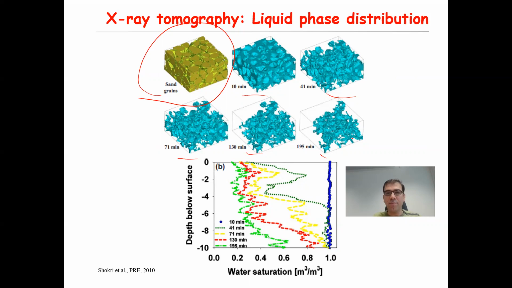If we are interested in calculating the water content, we can use image analysis tools and techniques to calculate the volume of this liquid. So X-ray tomography is, in my opinion, another modern technique that can be used to measure water content.